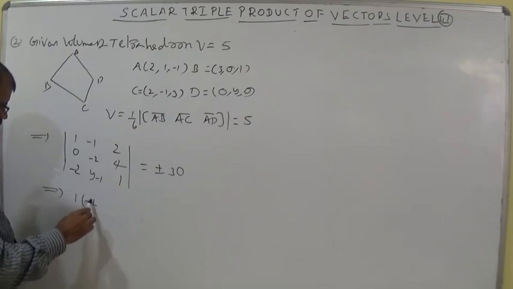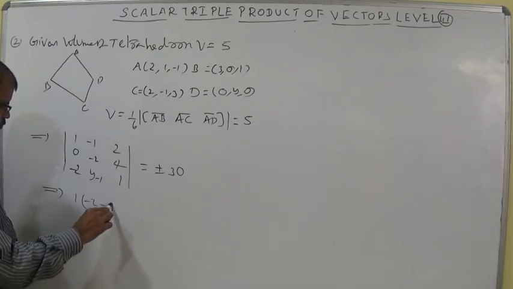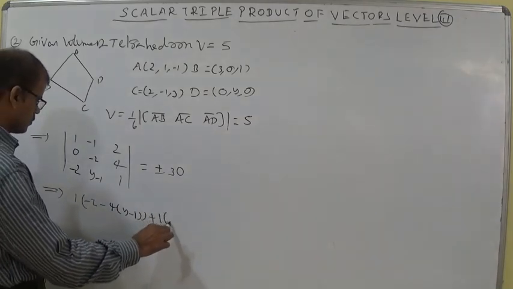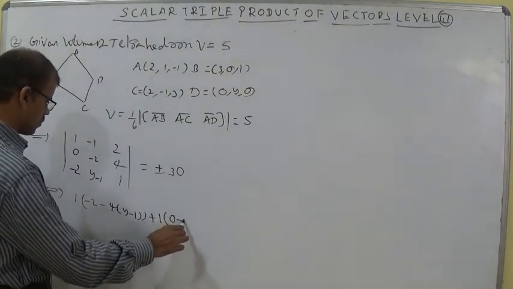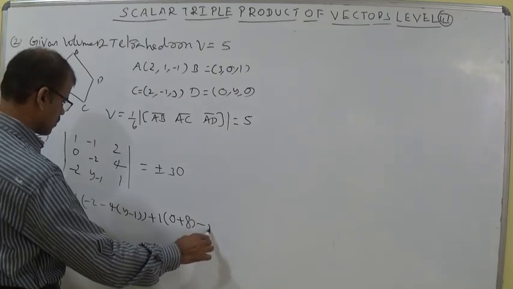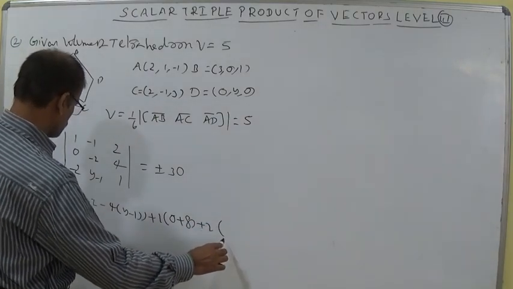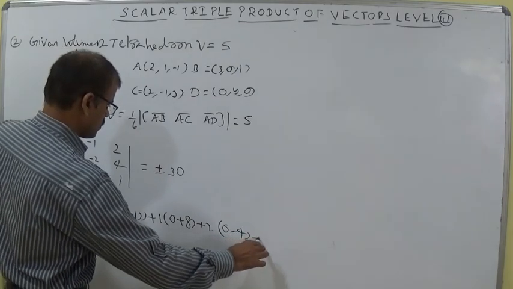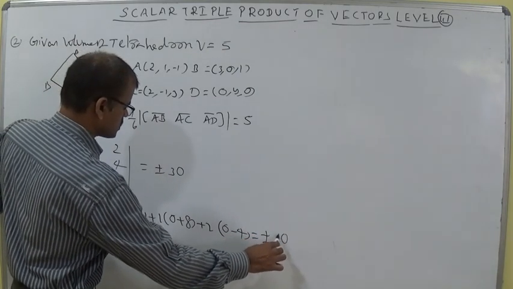Here you write minus 2 minus 4 into y minus 1, plus 1 into 0 minus 8, 0 plus 8. Next plus 2 into 0 minus 4 is equal to plus or minus 30.